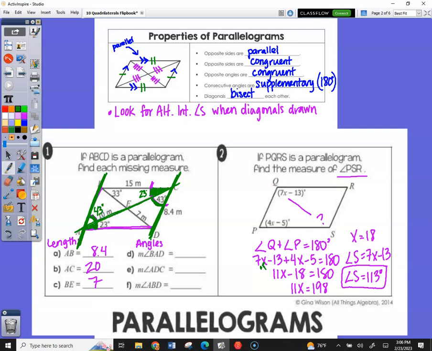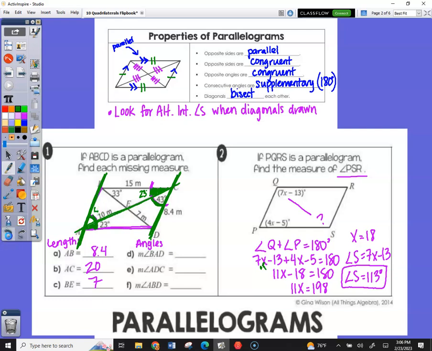So 66. Does that make sense? That's a tough one to start out with in terms of the angles. Alternate interior angles are embedded within the parallelograms, and it's only if the diagonals are drawn. If the diagonals are not drawn, then you just have the opposite angles or the consecutive angles.